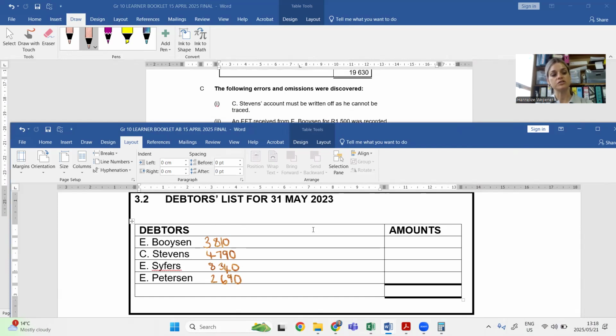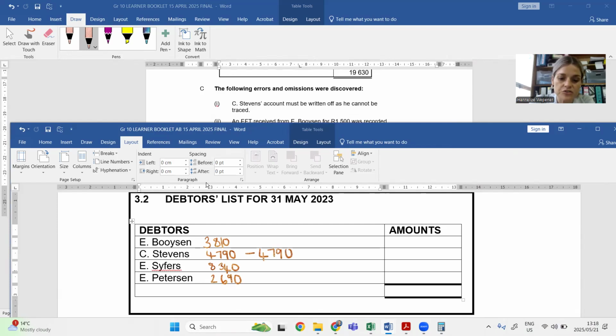So we are going to start in our journals because that is the first point of entry. And we are going to debit the expense, bad debts. And we now need to remove whatever he owes us. We need to remove that from his account. So he no longer owes us 4,790 because we are writing it off as a bad debt.